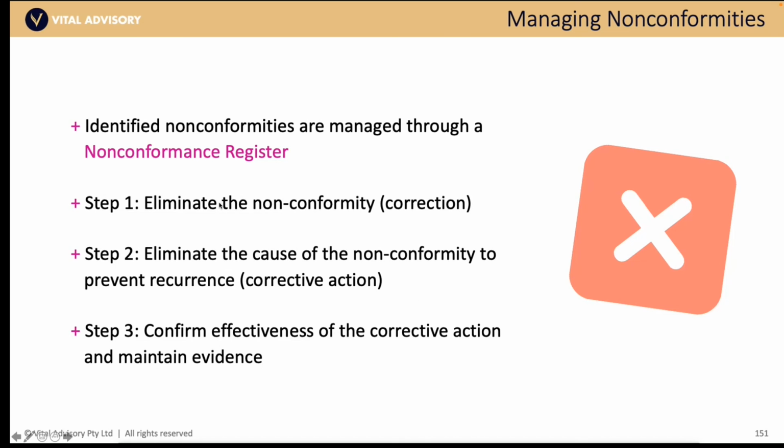This is an area of target by auditors, because if you're not doing these three steps, then there is a chance the non-conformity will reoccur, and that puts pressure on the continual certification and your certification suitability, I guess.